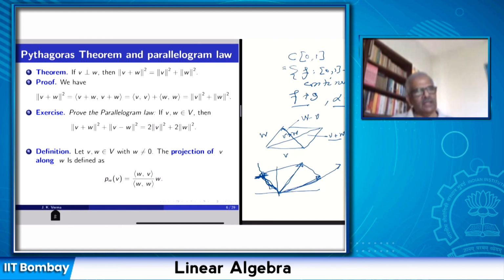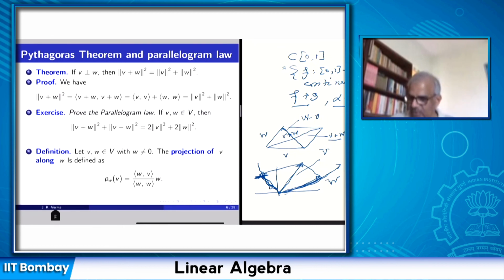So in many physical situations, we have to decompose a vector as a sum of two perpendicular vectors. This direction is fixed. This is some direction w, and this is a vector v. Then we want to take a vector which is in the direction of w, and a vector which is perpendicular to the direction of w, and decompose my vector as a sum of these two vectors.